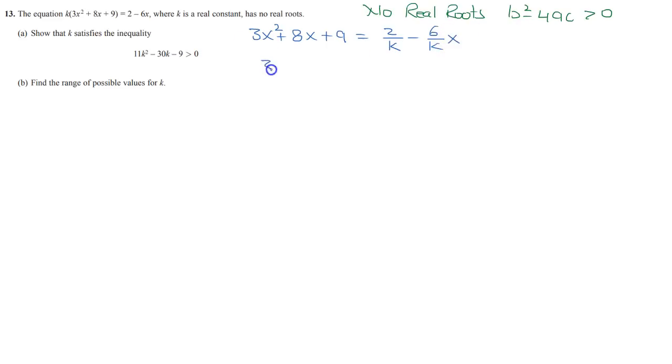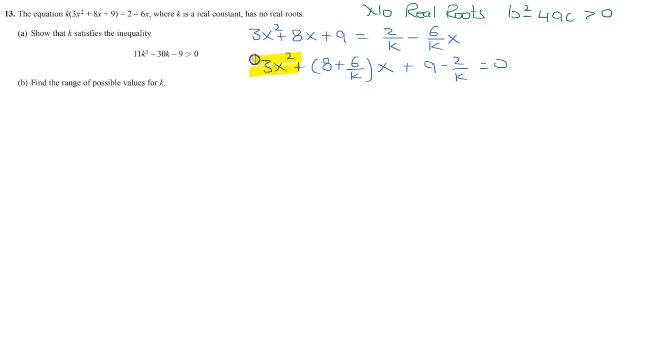If I simplify it, I have 3x square plus 8 plus 6 over k x plus 9 minus 2 over k is equal to 0.